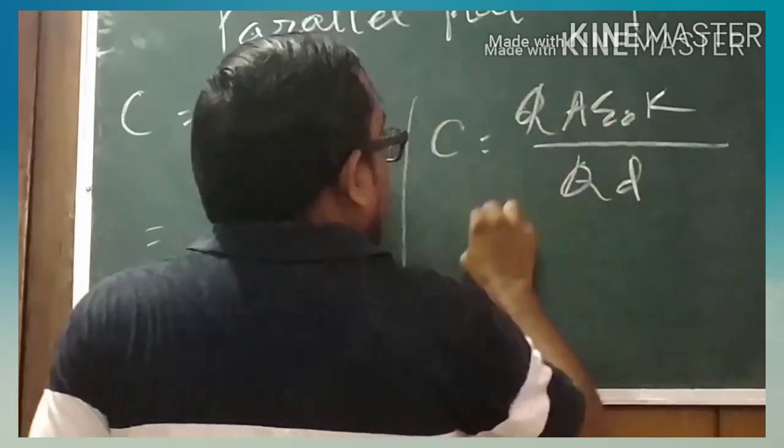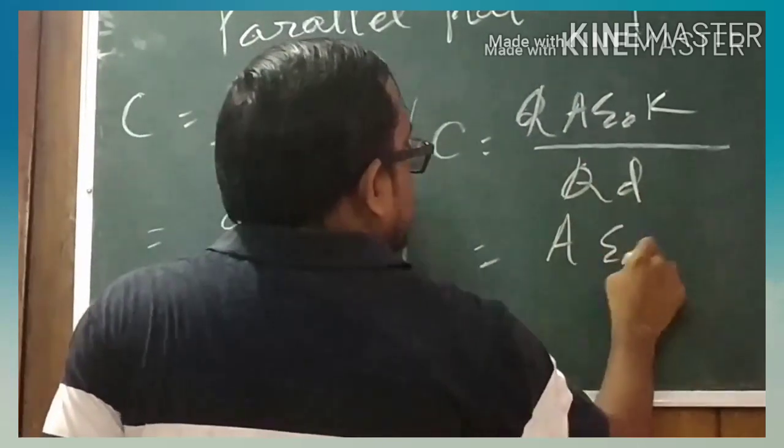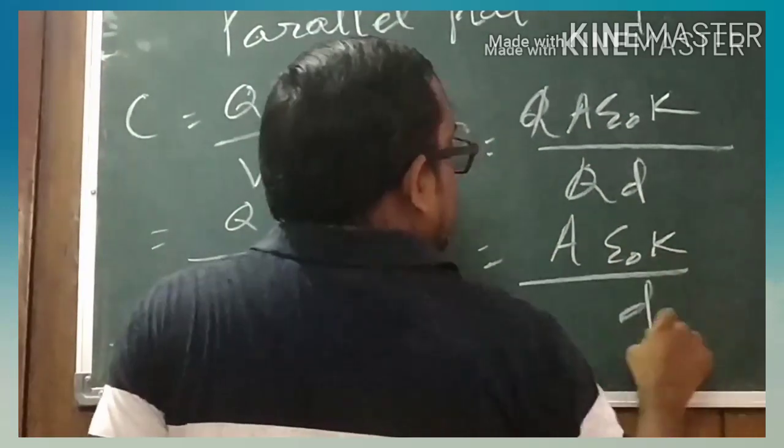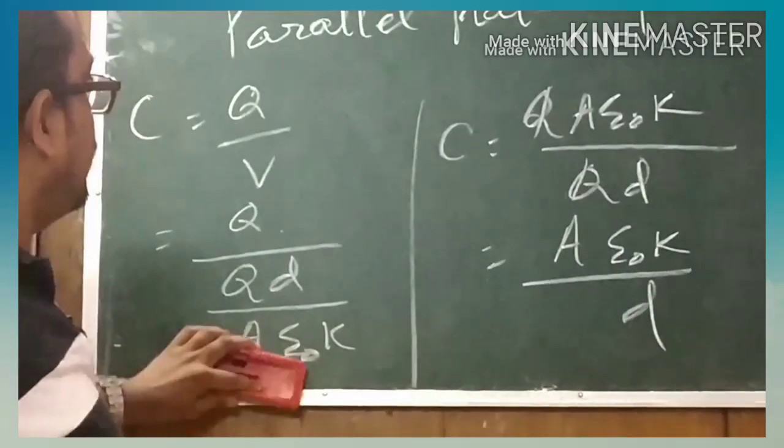Cancelling Q, this will be equal to A epsilon 0 K by D.